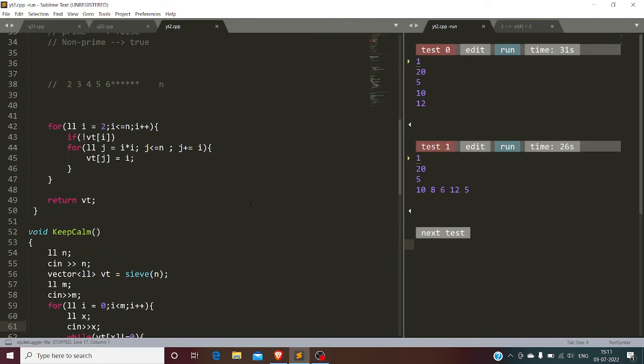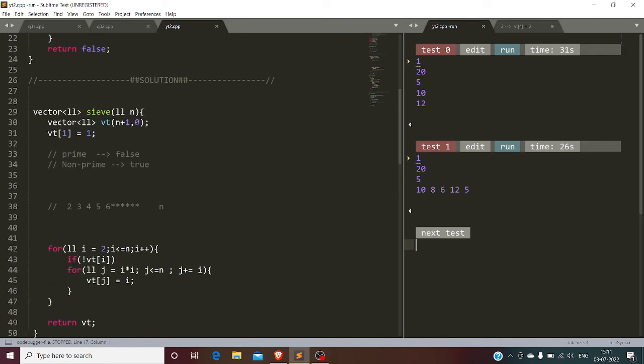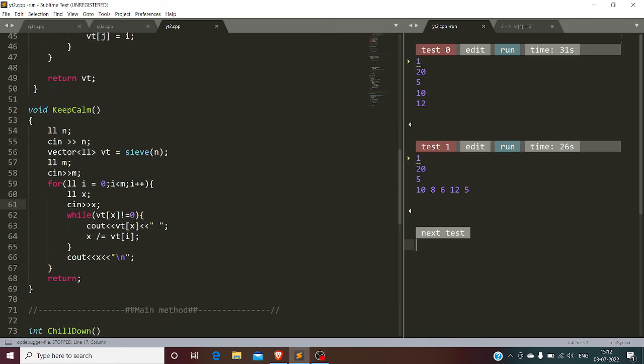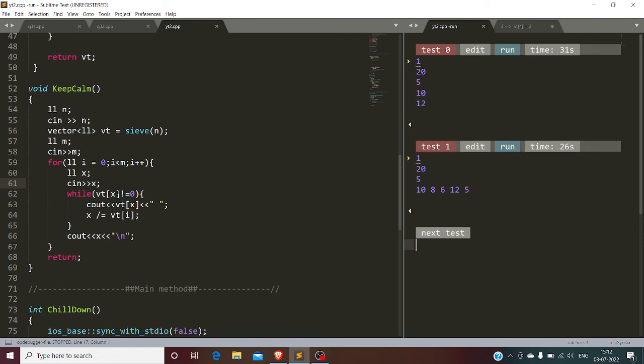Okay, initialized it with 0, vt of 1 equal to 1. If vt of i is 0, i is starting with 2, going ahead, j plus equal to i plus plus, go till end. Taking x as input, then vt of x not equal to 0.